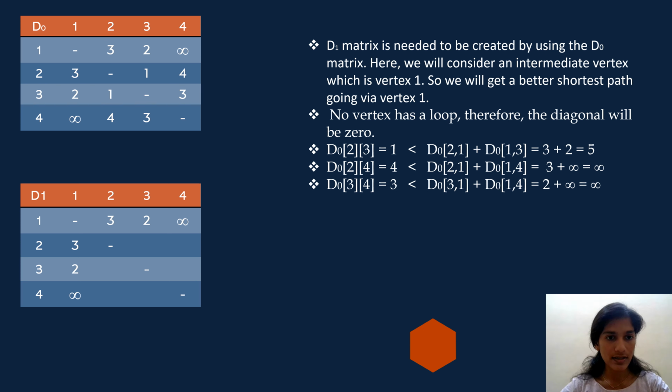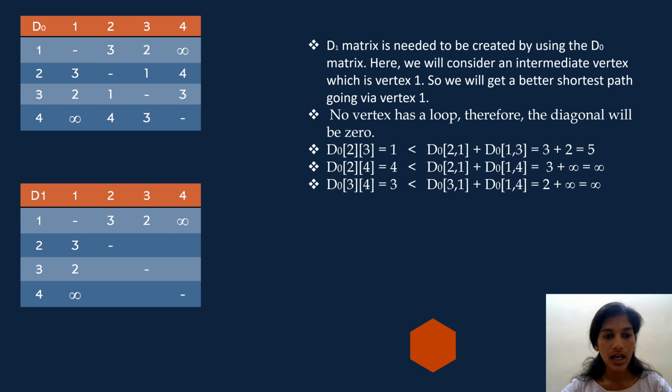D0 is the matrix we computed from the weights of the graph, and then D1 has to be computed. We consider k equal to 1, and the pivot row and pivot column are constant. So the values of D0 are exactly repeated in D1 for k equal to 1.